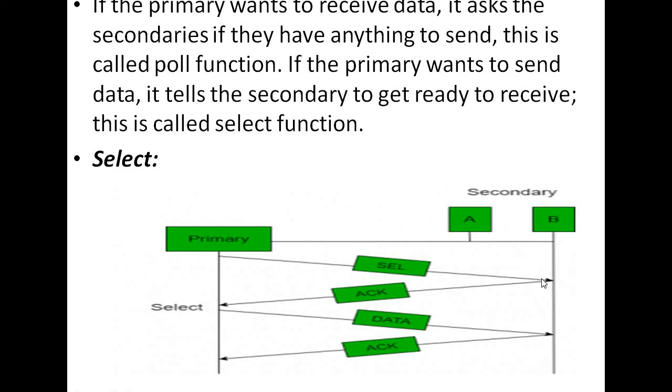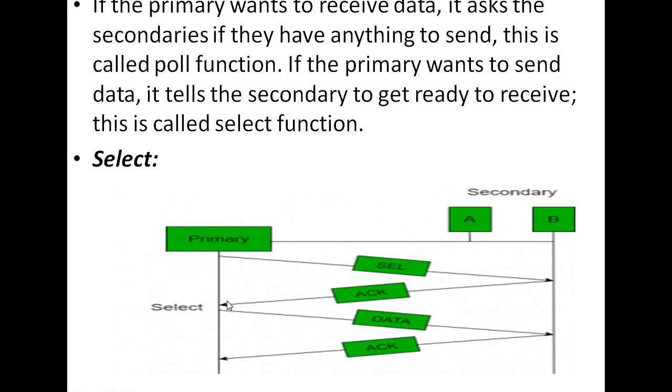If the acknowledgement from the secondary site is a positive one, then the primary site starts sending the message towards the destination end, and if it gives a negative acknowledgement, then the primary site does not transfer any message towards the secondary site.